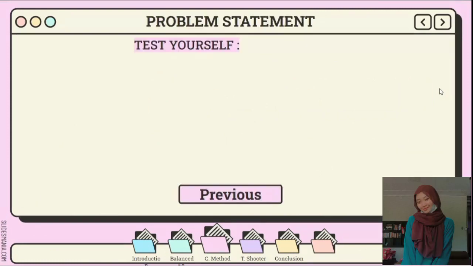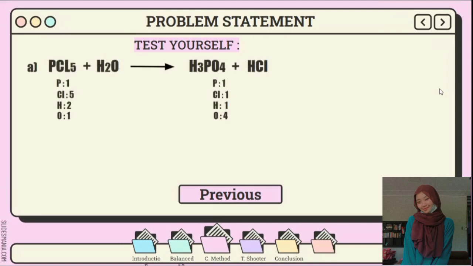So now that we know about the inspection method, we can try a problem statement. We can test ourselves by balancing this equation, which is phosphorus chloride plus H2O produces phosphoric acid plus hydrogen chloride.